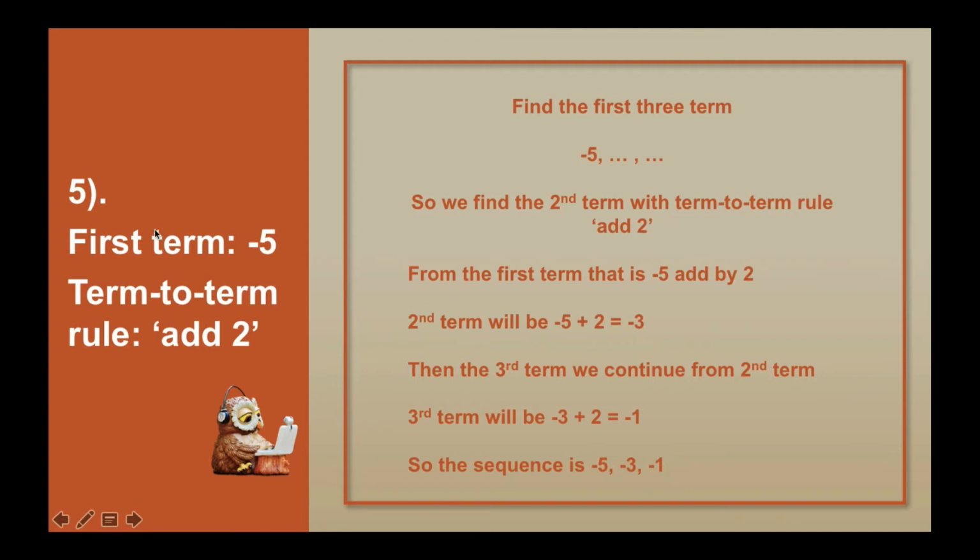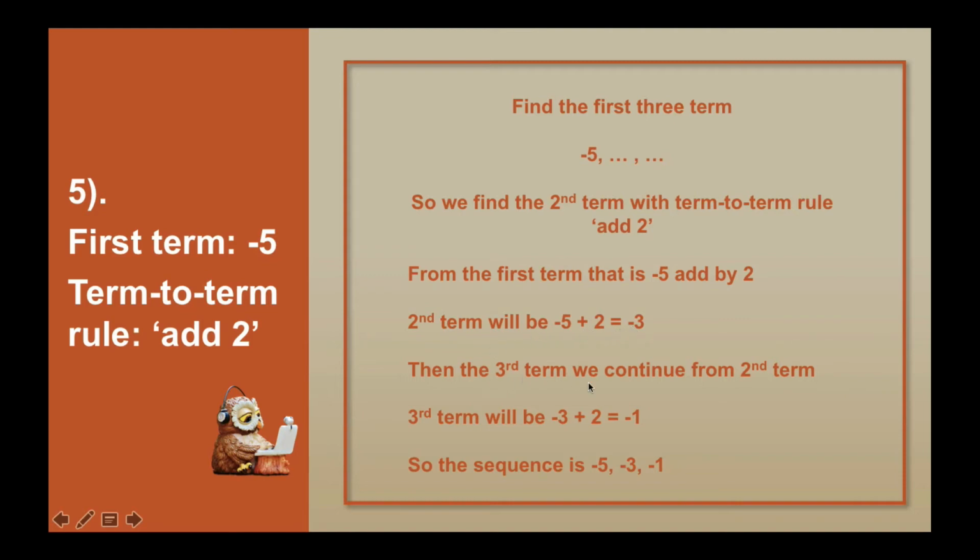Number 5. The first term is negative 5, and the term-to-term rule is add by 2. So we find the second term with the term-to-term rule, add by 2. From the first term, that is negative 5, add by 2. The second term will be negative 5 add by 2 equals negative 3.